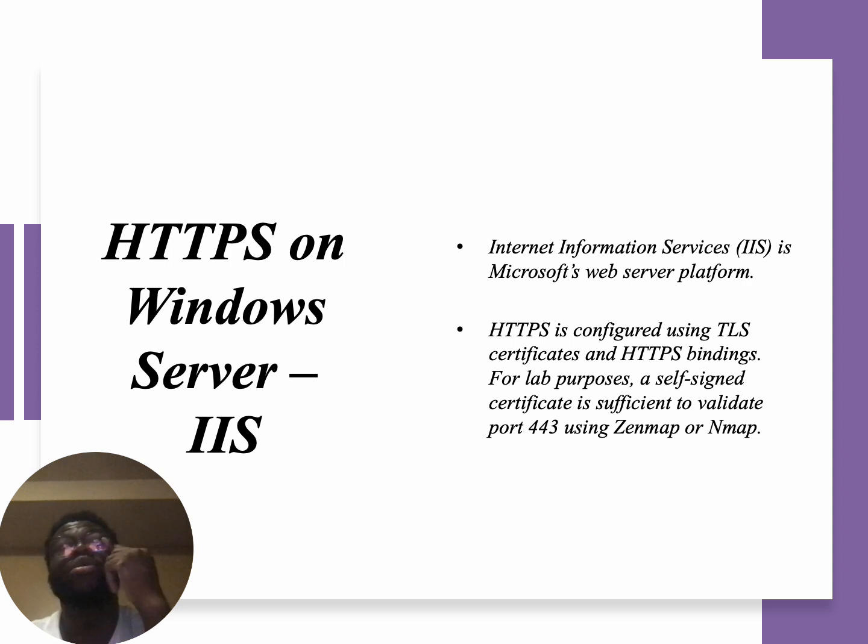I am very much familiar with Nmap. I've had a lab one time where I had to use HTTPS, and I was able to validate it with port 443. So this is basically my overview on HTTPS on Windows Server IIS.